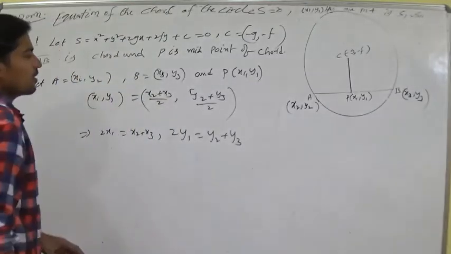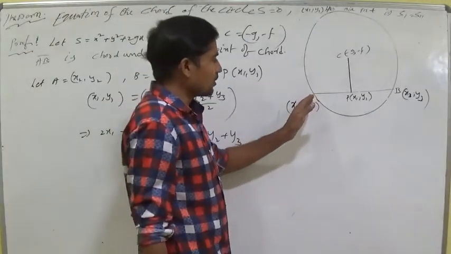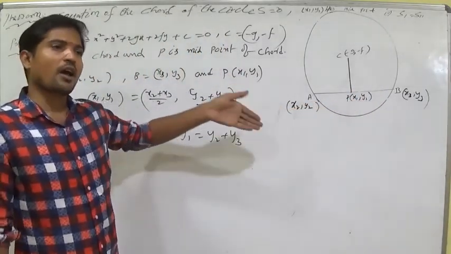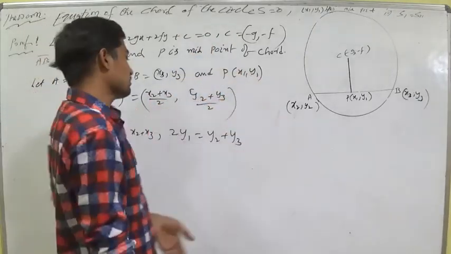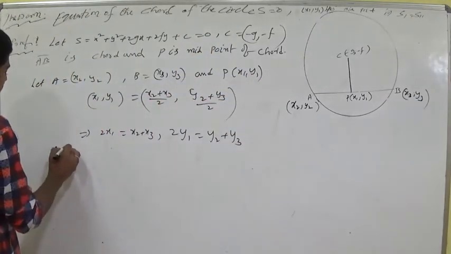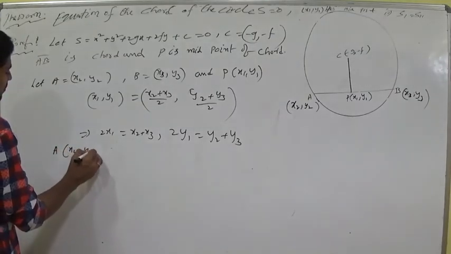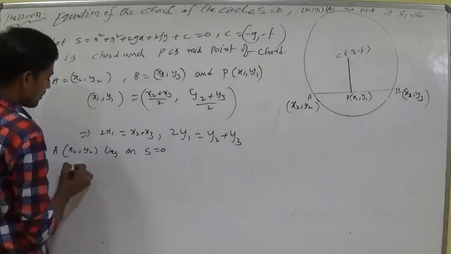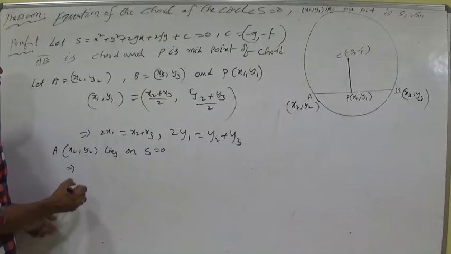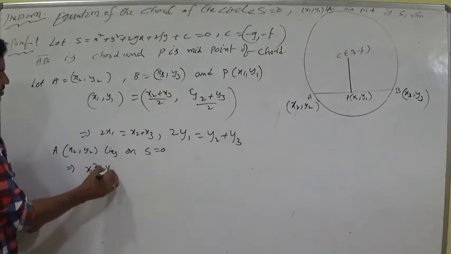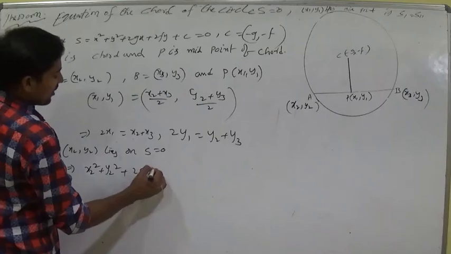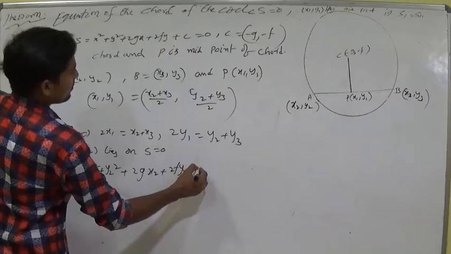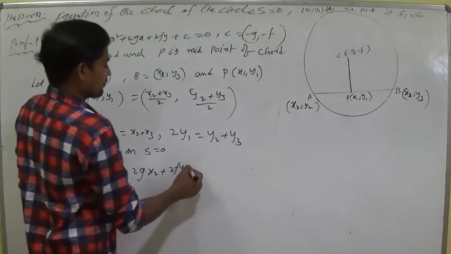Now A is a point on the circle, and at the same time B is also a point on the circle. So A lies on S. Here (x2, y2) lies on S equal to 0, which implies x2 square plus y2 square plus 2gx2 plus 2fy2 plus c equal to 0.